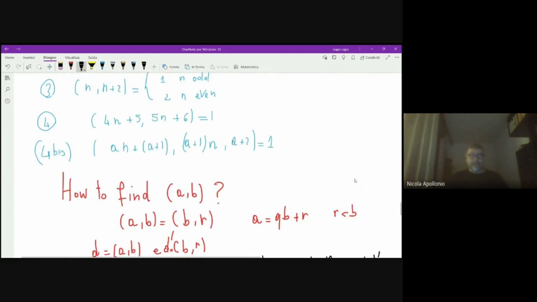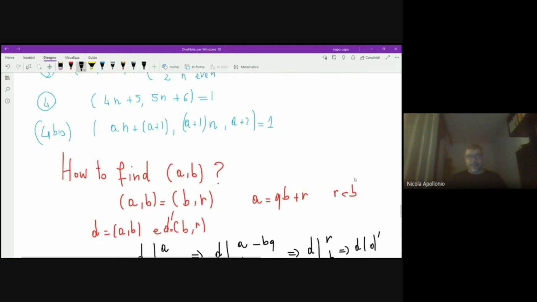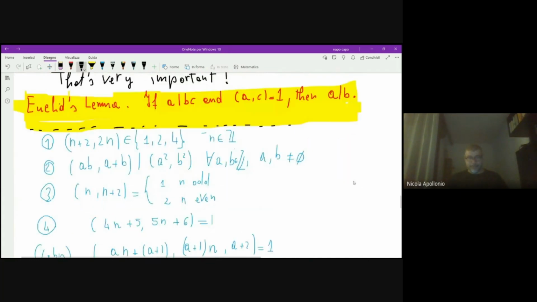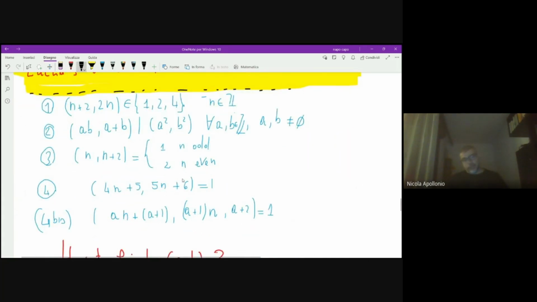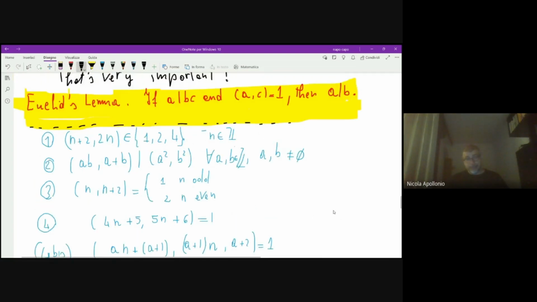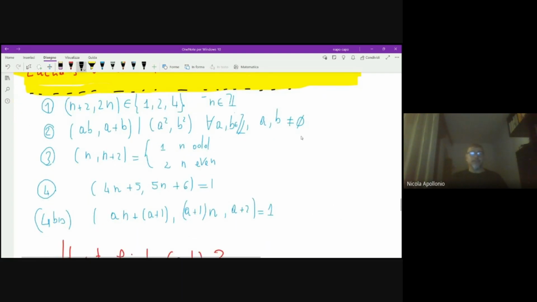Before closing, there is still much left, but I want to do some exercises with you and leave you some others so that you can train with this notion and get familiar with it. There are simple ways of saying something about the greatest common divisor of two numbers, even general numbers, without doing calculation.